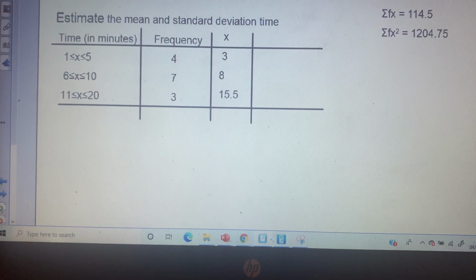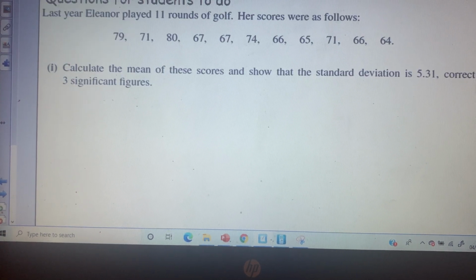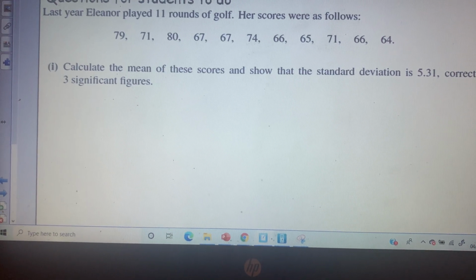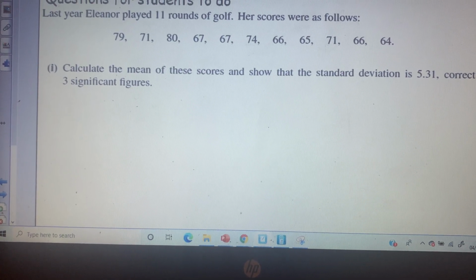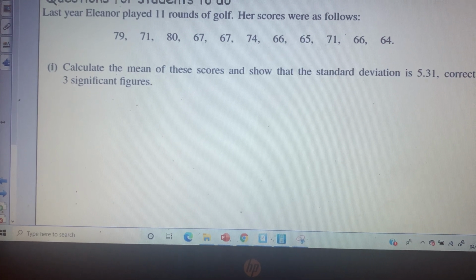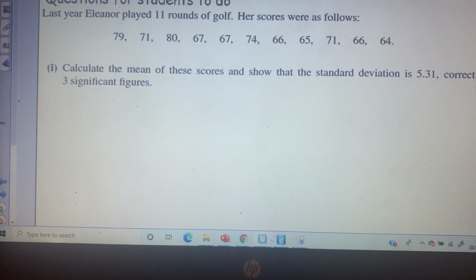Here we have a question about Eleanor. So have a go at this question. Pause the video and have a go at putting it in your calculator. This is like my first example: you would enter it in your calculator and then put all your frequencies in.